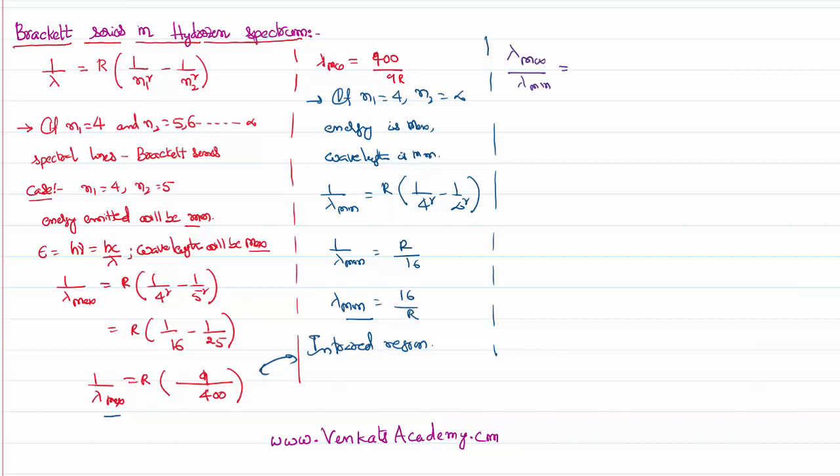We know lambda maximum is 400 by 9R, and lambda minimum is 16 by R. So the ratio will be 400 into 16 by 9, which is going to have a value of 25 to 1. That is lambda maximum to lambda minimum of the Brackett series.